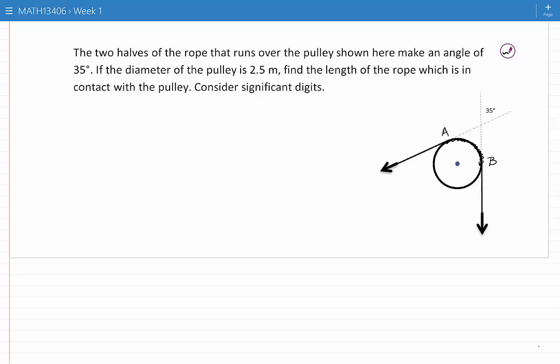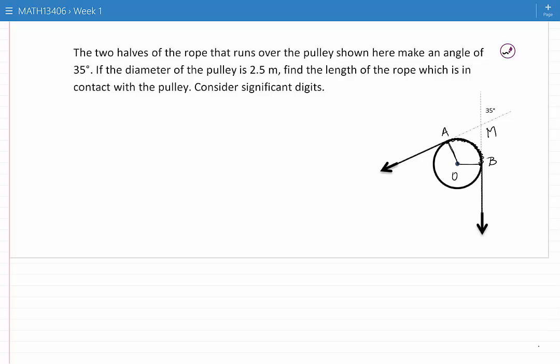If we draw from the center of the circle, which I'm going to show with O, to the point B and to the point A, and if we call the point of intersection between the two lines perpendicular to OA and OB as M, we have four sides: AM, MB, BO, OA.